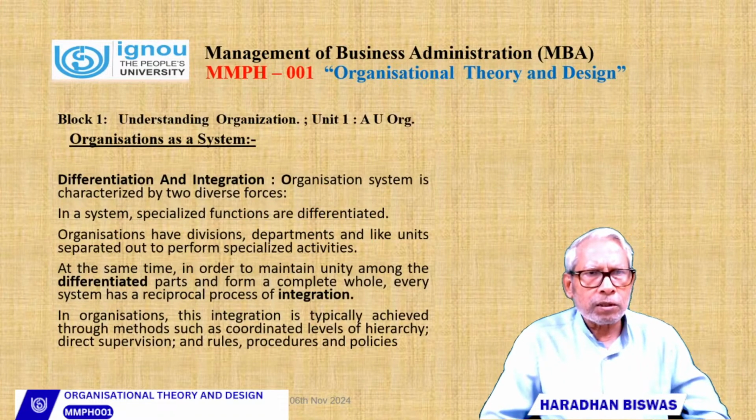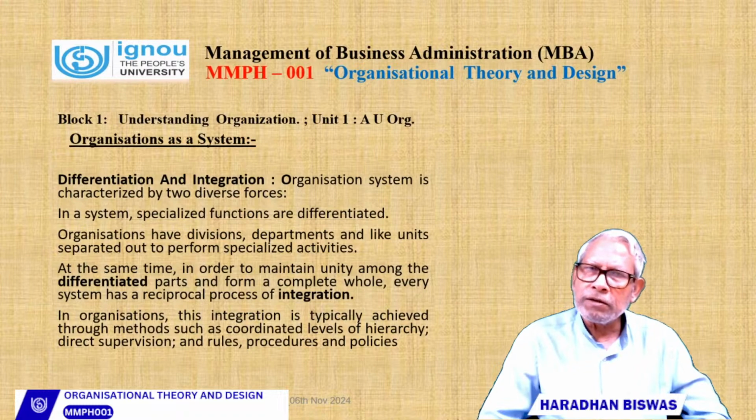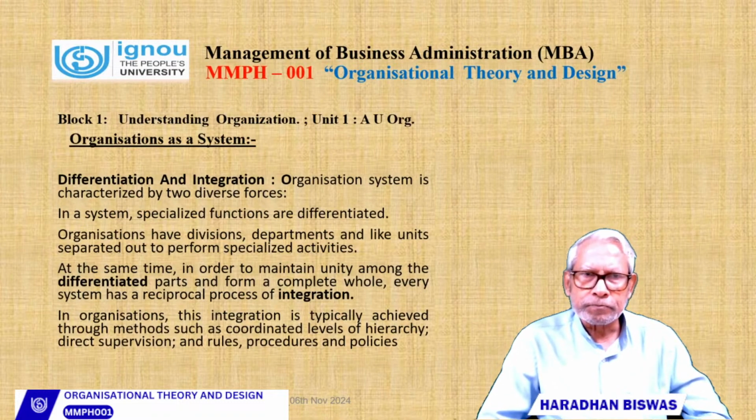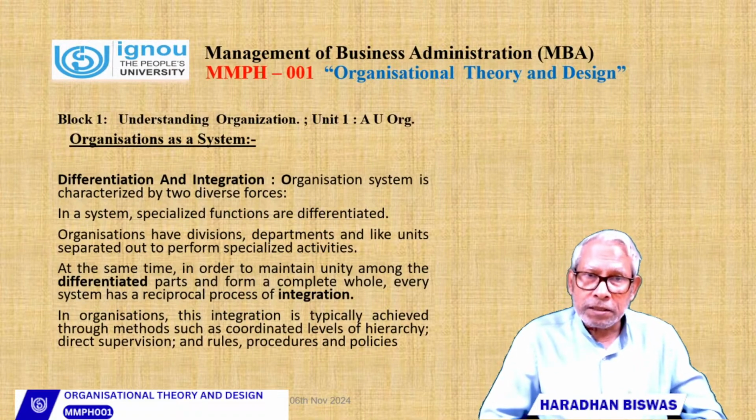Now coming to differentiation and integration. The organizational system is characterized by two diverse forces. There are two forces that are acting. One, the specialized functions are differentiated. Some of the functions are specialized functions. Organizations have divisions, departments, and units separated out to perform specialized activities.